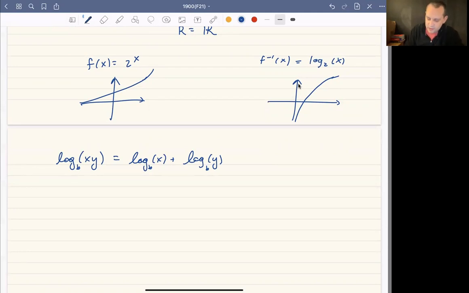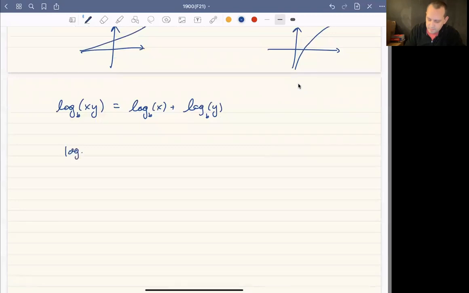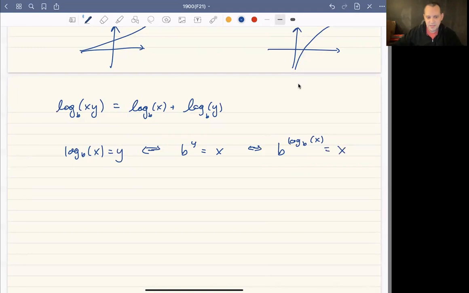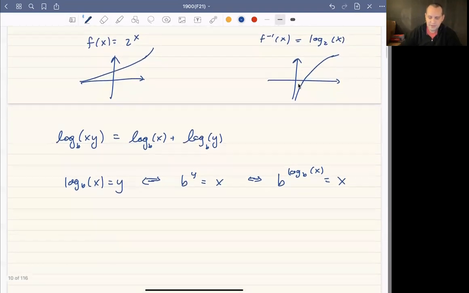If I write log base b of x equals y, this means that b to the y equals x. In other words, log base b of x is the thing that you have to raise b to the power of to get x. It's the exponent to which you have to raise b to get x.